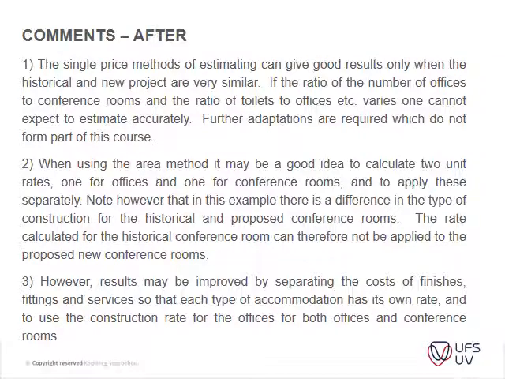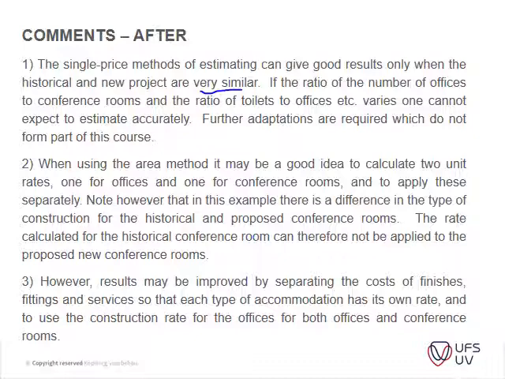Okay, so just a comment afterwards is the single price method of estimations can give good results only when the historical and new project values are very similar. So the main thing is to try and compare apples with apples. If the ratio of the number of offices to conference rooms and the ratio of toilets to offices, etc., varies, one cannot expect the estimate to be very accurate.